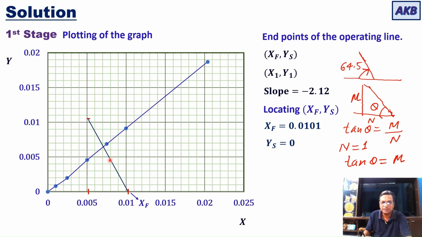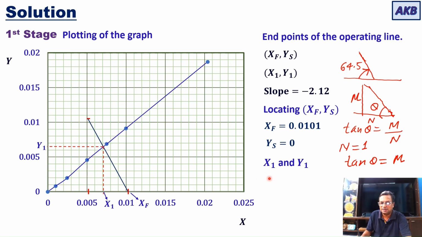After plotting the line, the line will be intersecting with the equilibrium curve, because we are considering the stage to be ideal. All the stages are considered to be ideal, so that the leaving phases will be in equilibrium with each other. So I am interested in finding out the coordinates of the point where the operating line intersects the equilibrium curve. The x coordinate of this point will give me X1, and the y coordinate of this point will give me Y1.